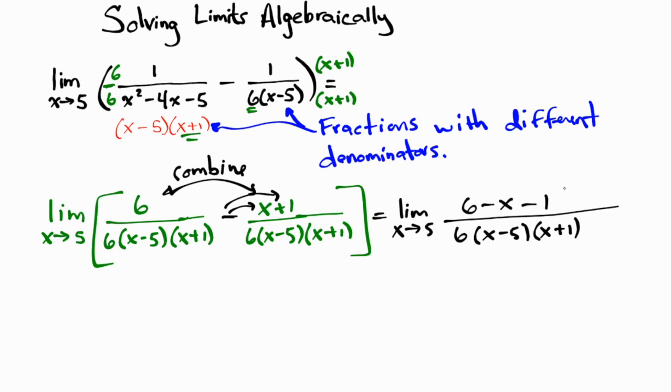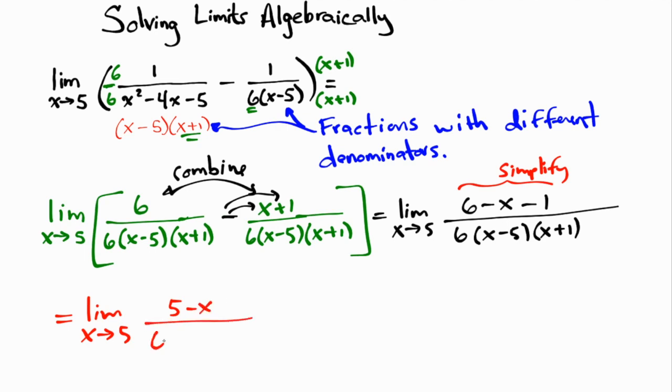And now we want to simplify the numerator. So now our limit, as x approaches 5, is 6 minus x minus 1, which gives us 5 minus x, over 6 times x minus 5 times x plus 1.